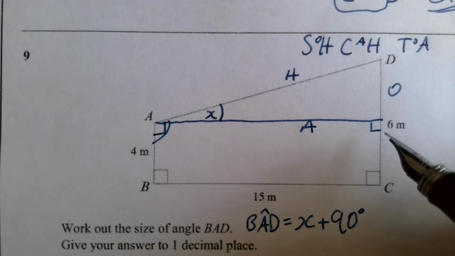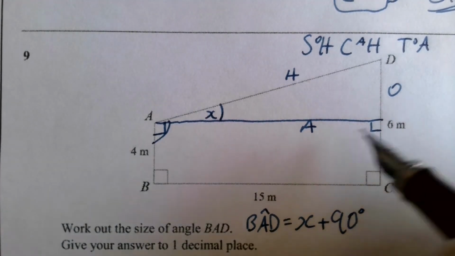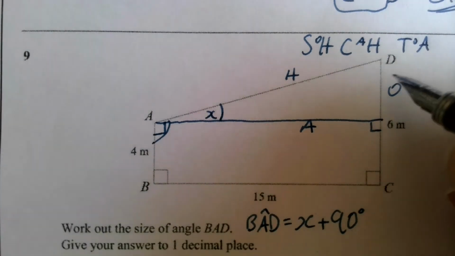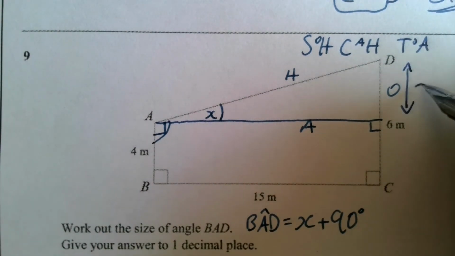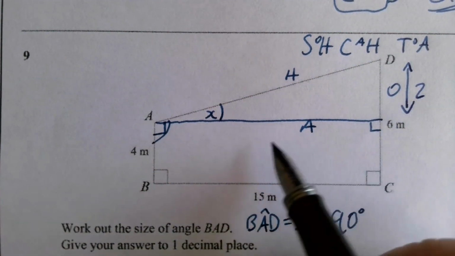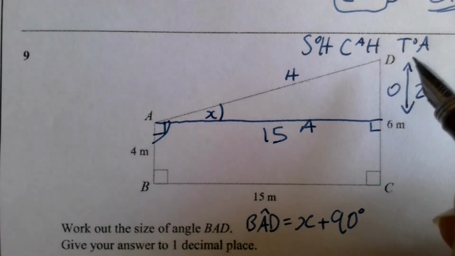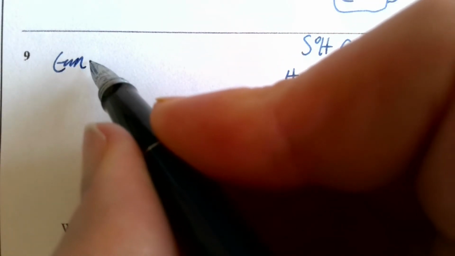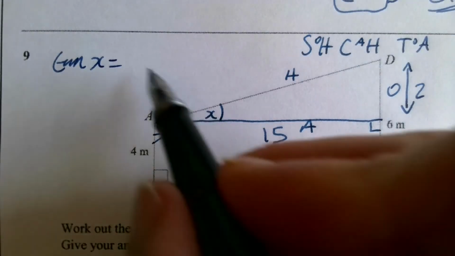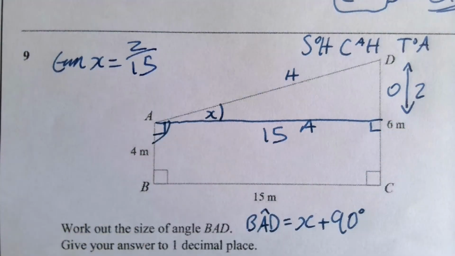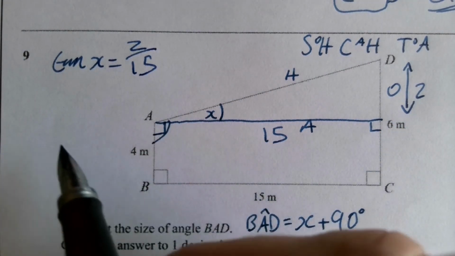So I know my opposite because that's 4 and that's 6. So the opposite must be 2 and the adjacent is 15. Opposite and adjacent is tan again, so tan X is going to equal 2/15. So it's going to be a very small angle.